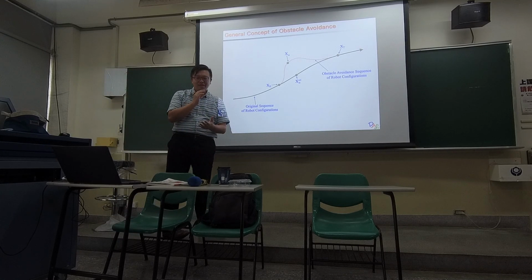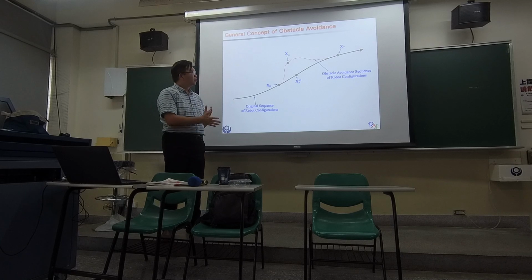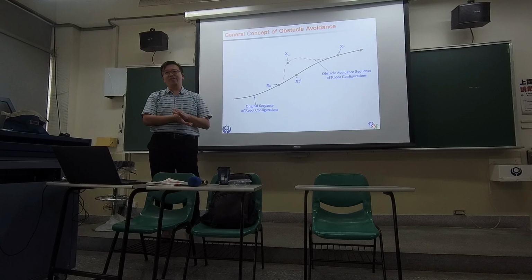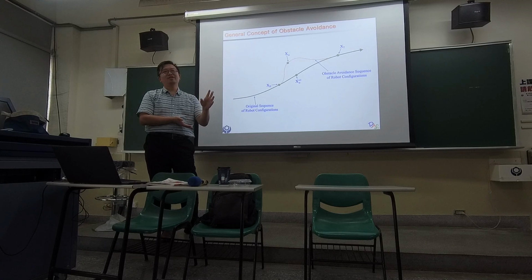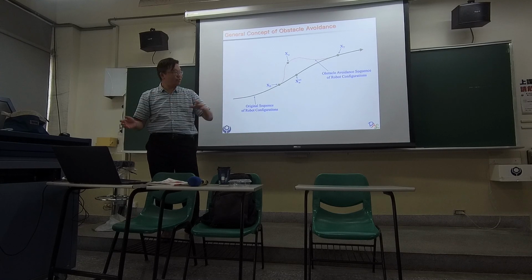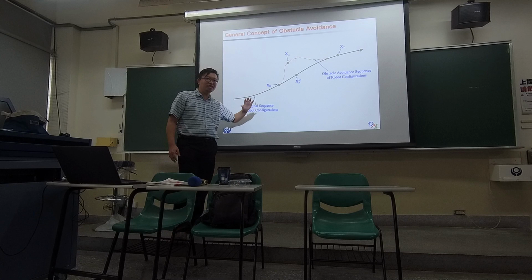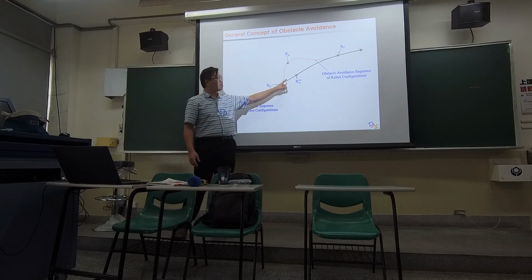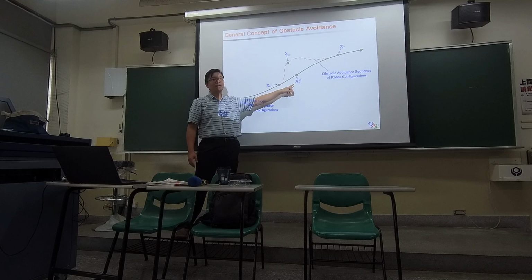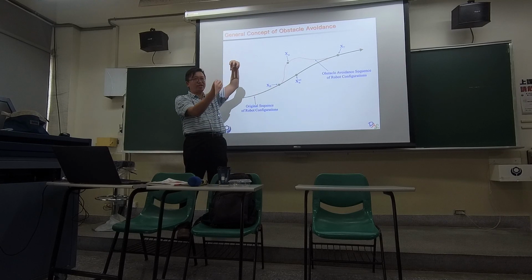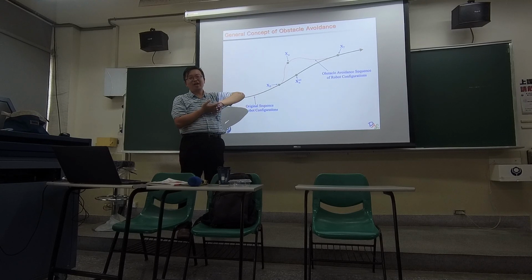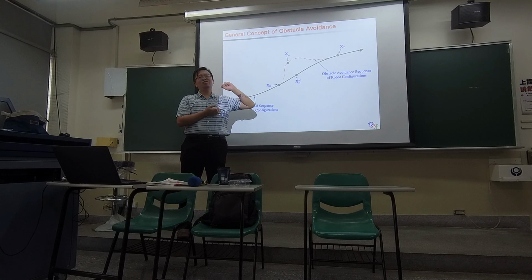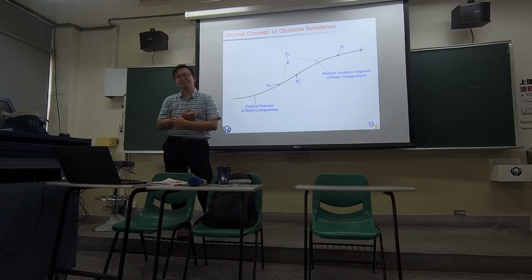Now, here's the trick. We don't want to deal with end effector coordinates anymore. From now on, when I do any analysis or optimization, I stick with the configuration coordinate, basically a vector of joints. Why do I do that? Because I don't want to do kinematics anymore.